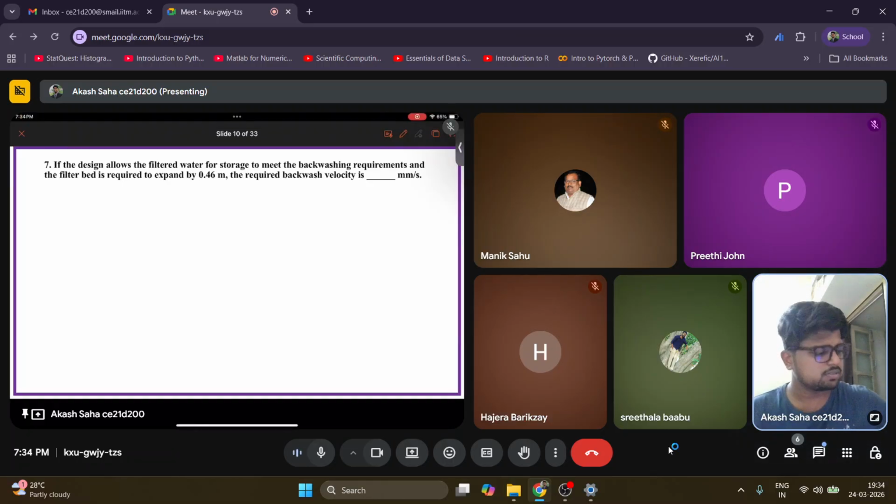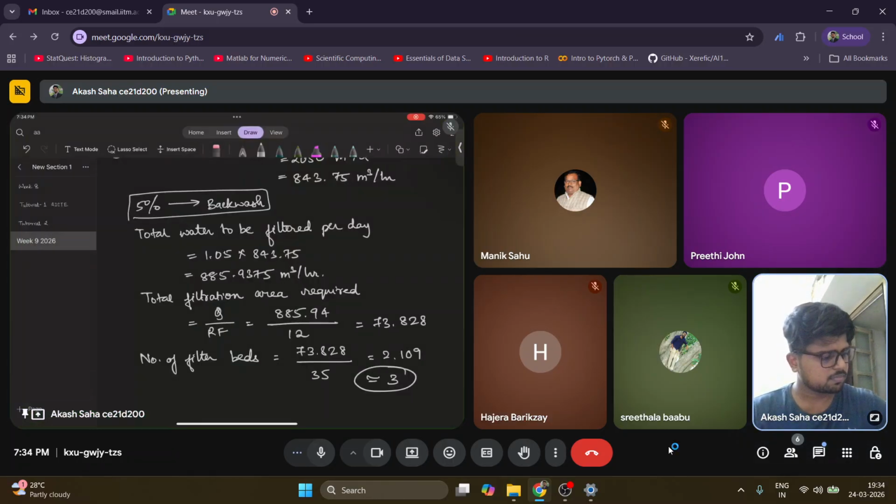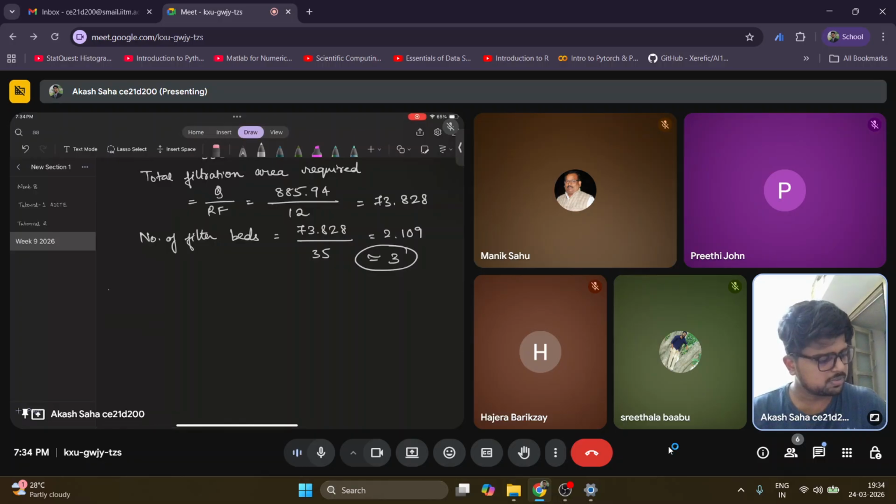So we will solve this. Question number 7. As you rightly pointed out, the volume of the media will remain the same. So 1 minus the porosity of the expanded bed, into the depth of the expanded bed, will be equal to 1 minus the porosity of the bed, into the depth of the filter bed. So the total volume remains the same. We will just plug in the values.